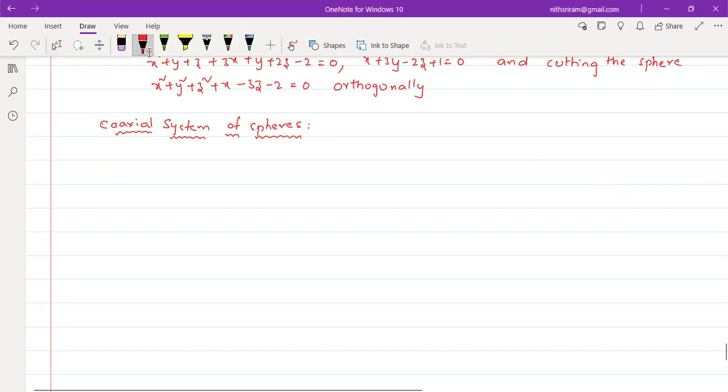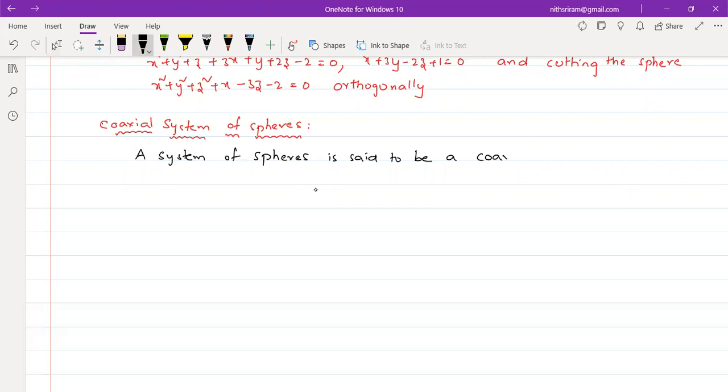Coming to the definition of coaxial system of spheres: a system of spheres is said to be a coaxial system of spheres if any two spheres of the system have the same radical plane.